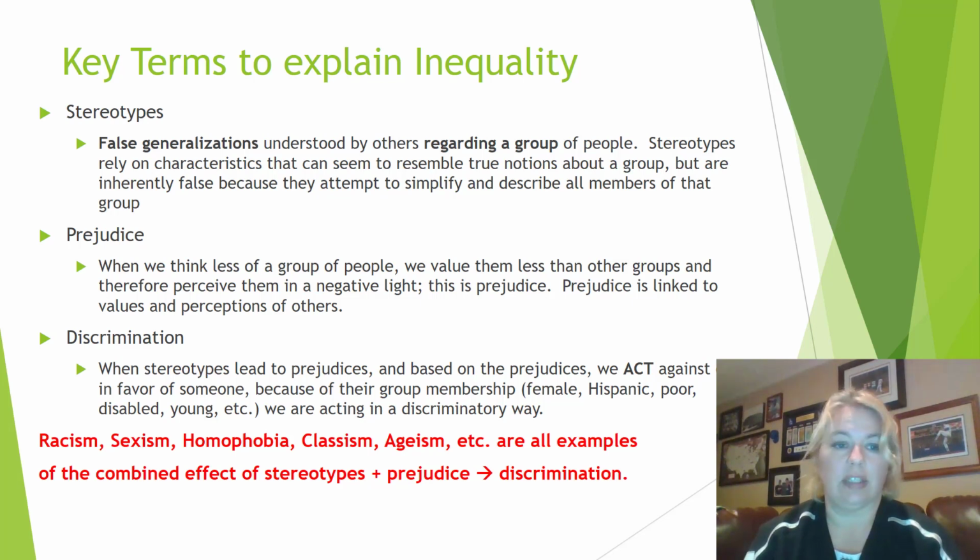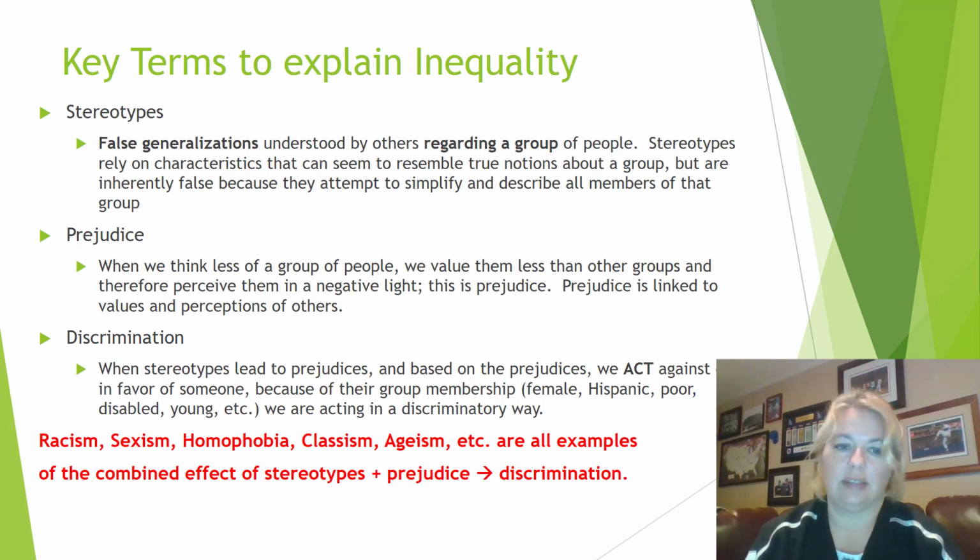Finally, discrimination is when stereotypes lead to prejudices, and based on prejudices, we act against or in favor of someone because of their group membership, because they're female, Hispanic, poor, gay or lesbian, disabled, young, old, etc. We're acting in a discriminatory way.